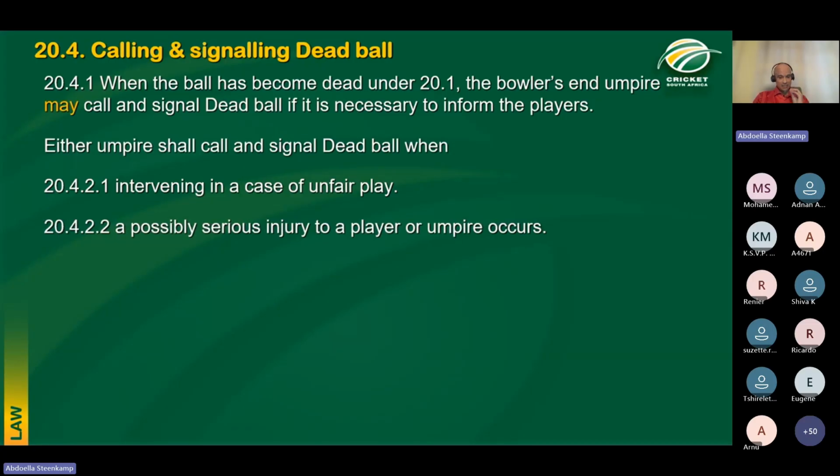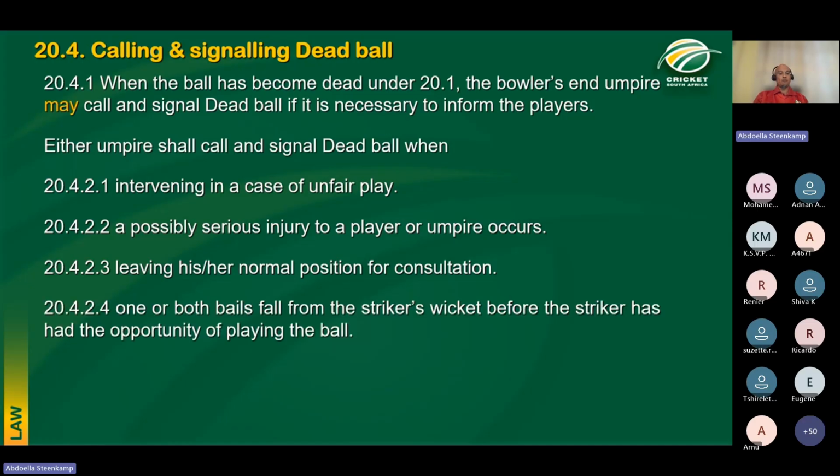If a serious injury to a player or umpire occurs, with the emphasis on serious injury, call and signal dead ball. If the umpire decides to consult his or her colleague before going over to your colleague, call and signal dead ball. If one or both bails fall from the striker's wicket, with the emphasis on striker's wicket, before the striker has had the opportunity of playing at the ball, you need to call and signal dead ball.